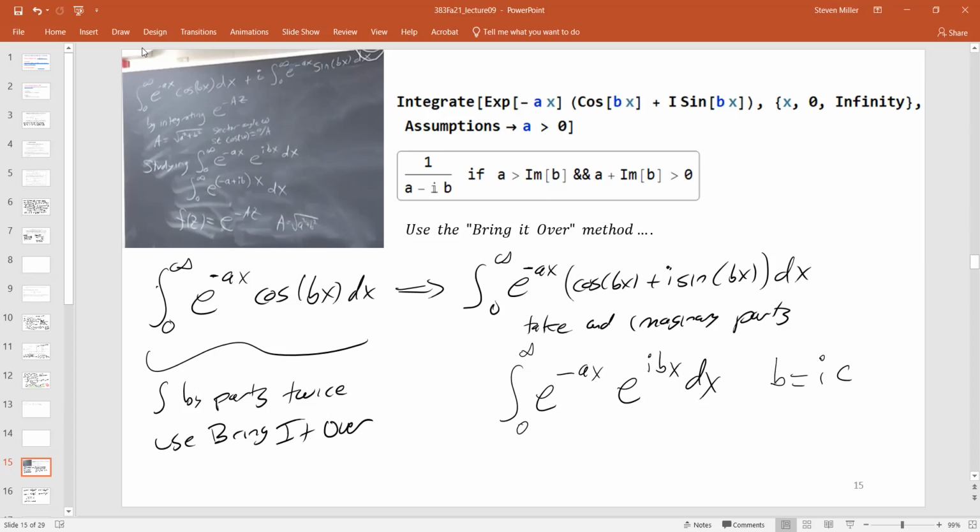In that case, you would have the integral from 0 to infinity of e to the negative a plus c, I think, of x dx. Can we evaluate this integral? What must be true about c to be able to evaluate this integral?